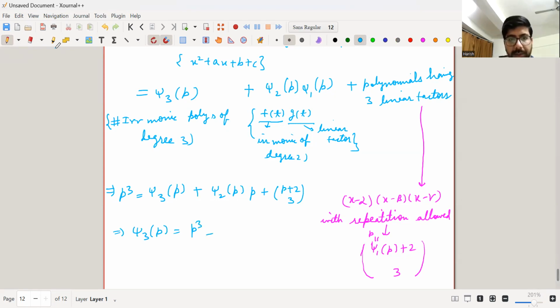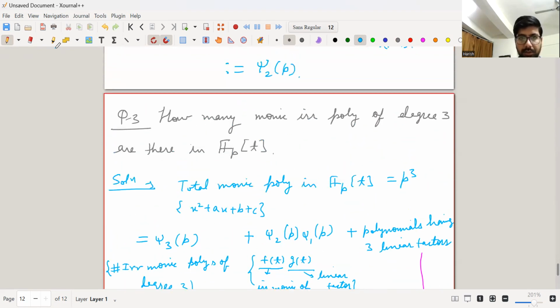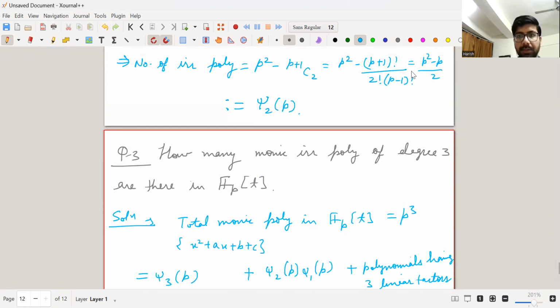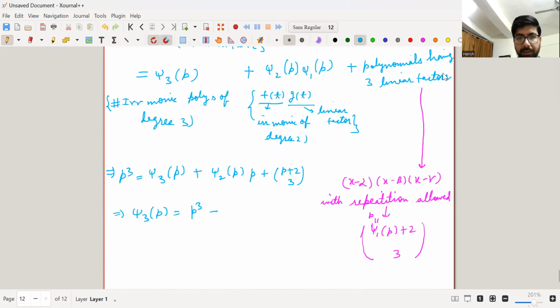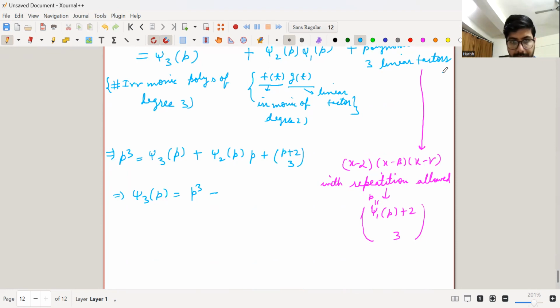minus xi2 of p. We calculated it was p square minus p by 2, and we have p also, so p times p square minus p by 2, that is for this.